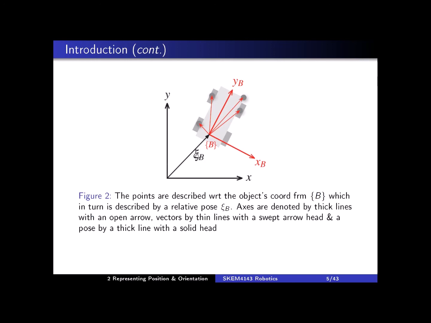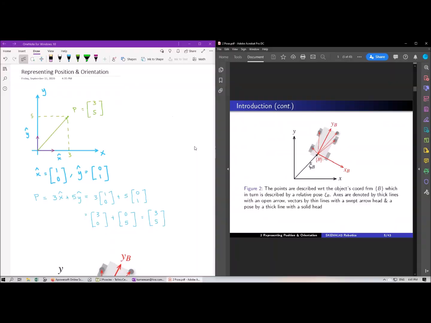This is a Greek letter which we pronounce as xi, and xi b means the pose of coordinate frame b with respect to this coordinate frame. Often we would write it in this way.